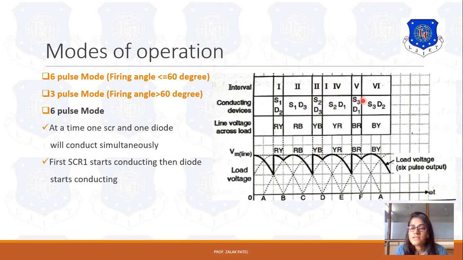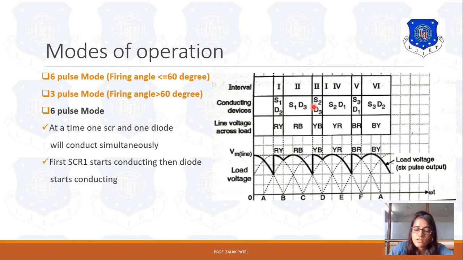In the same way S3 will start conducting with D1 and S3 will start conducting with D2. So this is how the 6 pulse mode will operate, because here the complete operation is divided into 6 different pulses, because first we consider only one SCR as fixed and then take the diodes one by one. So this is the 6 pulse mode.